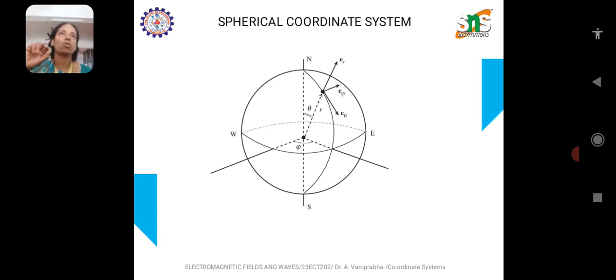This is used for objects and phenomena with spherical symmetry: planetary motion, radar and sonar, propagation of sound waves, and electric and magnetic fields are all analyzed using the spherical coordinate system. We know sound waves propagate in all directions, so this can be analyzed in the best way using the spherical coordinate system.